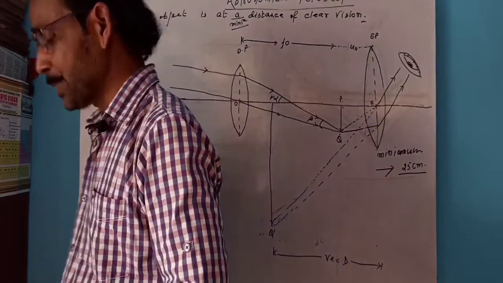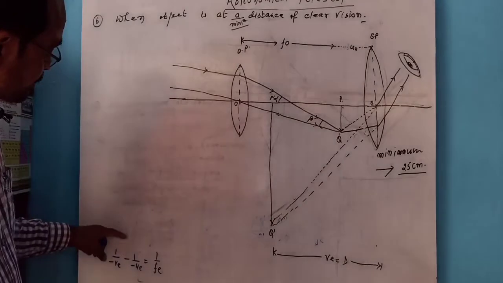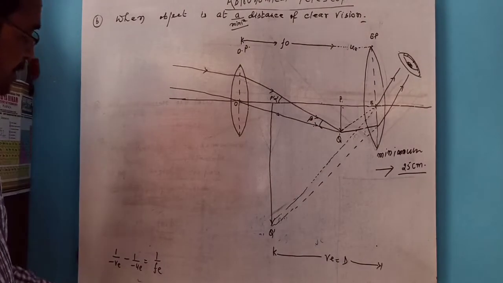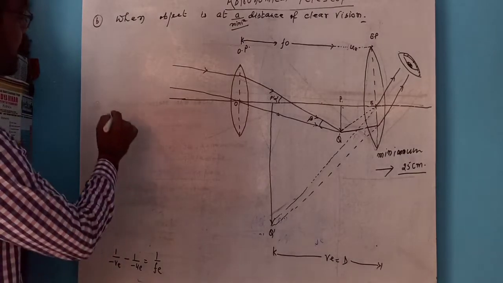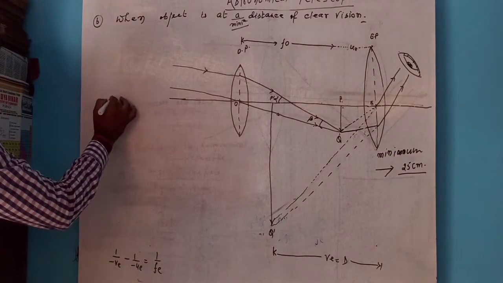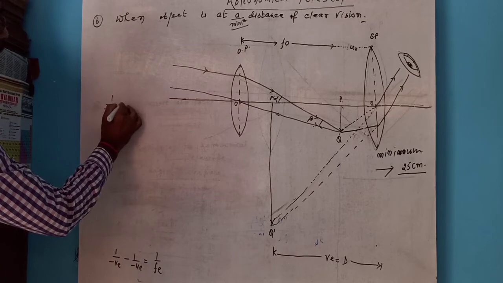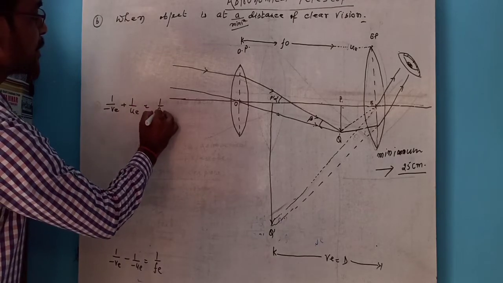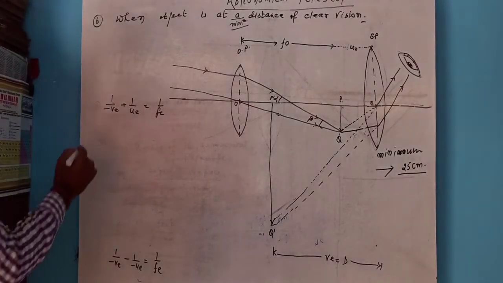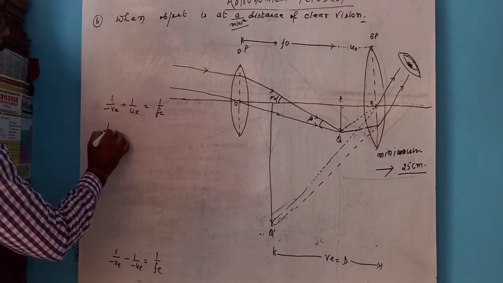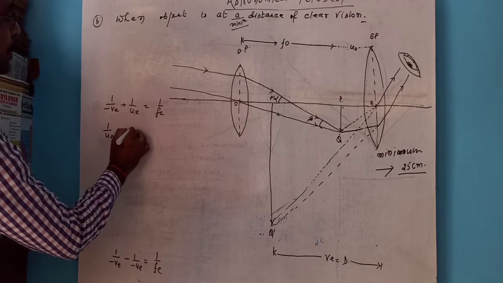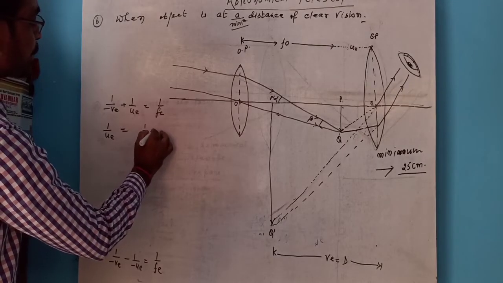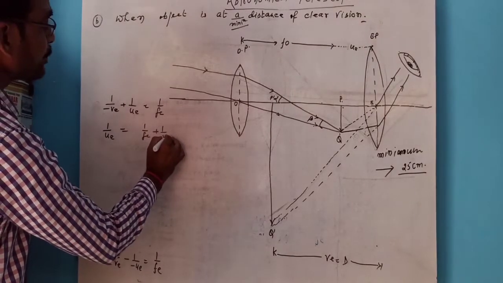So this formula of lens gives 1 by minus VE plus 1 by UE equal to 1 by FE, or 1 by UE equal to 1 by FE plus 1 by VE.